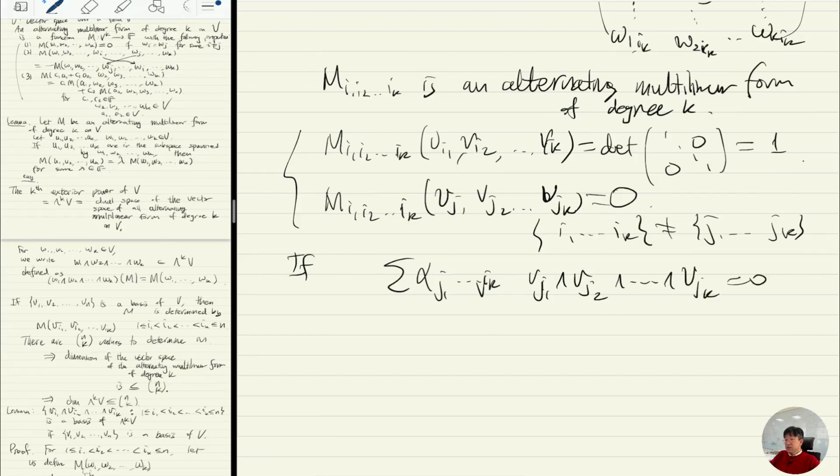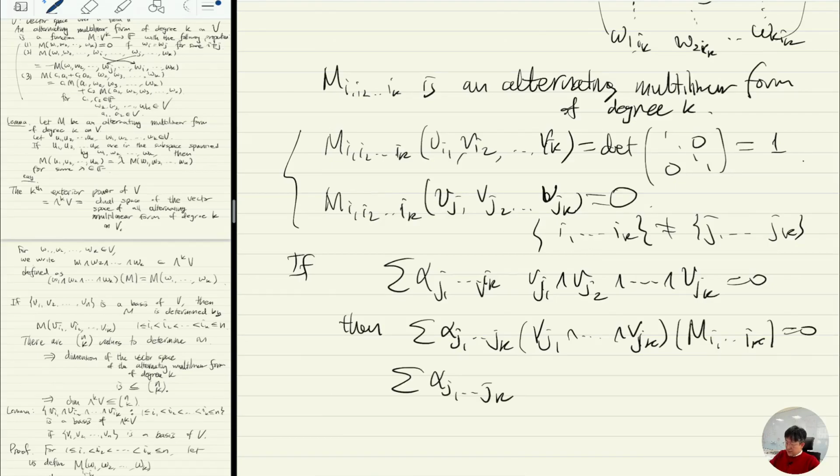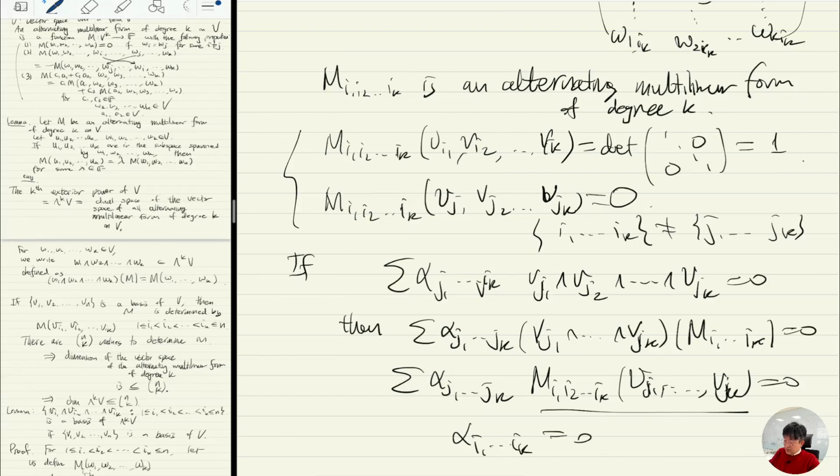If they are linearly dependent, then I can apply M_{i1,...,ik}, and what I get is the evaluation of this alternating multilinear form at Vj1 up to Vjk, and the only time this is non-zero is when i1, i2, ... are equal to j1, j2, etc. So alpha_{i1,...,ik} is equal to 0.